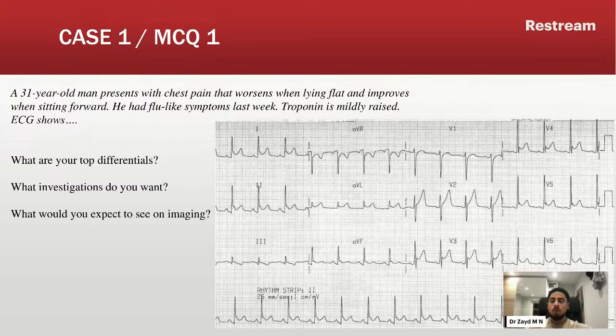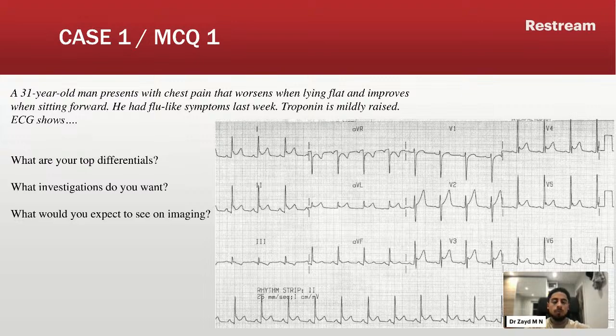So, if everyone can see this slide now, case number one. A 31-year-old gentleman presents with chest pain that worsens when lying flat and improves when sitting forward. He had flu-like symptoms last week, and his troponin is mildly raised.